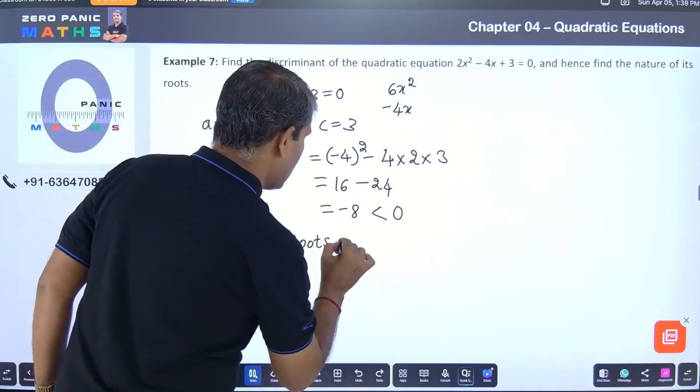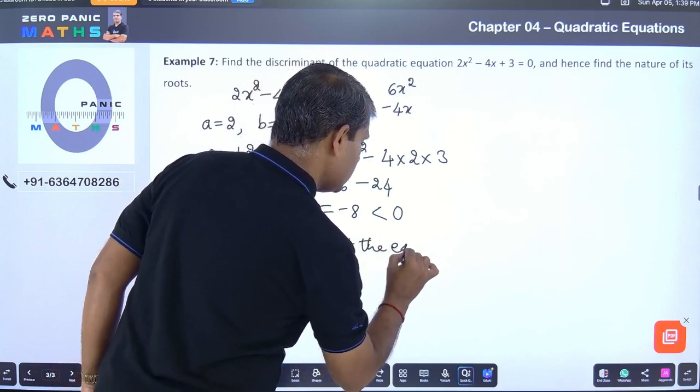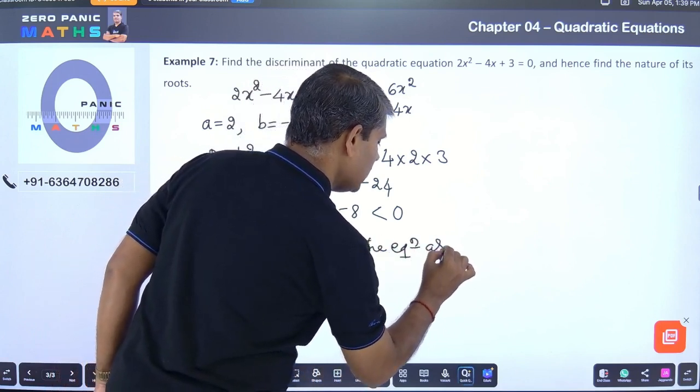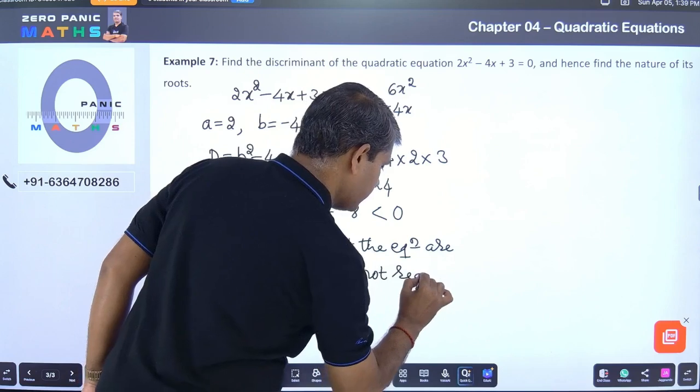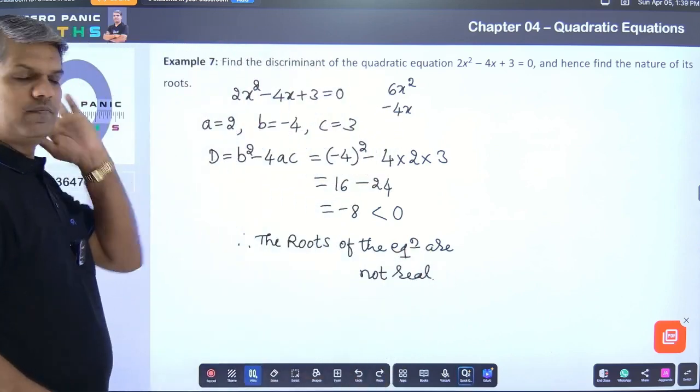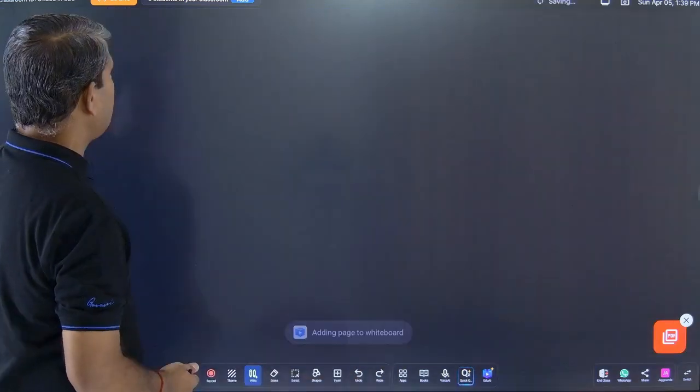That's why the roots of the equation are not real. You can write that. Done? Yes. Okay. Let us go to the next problem.